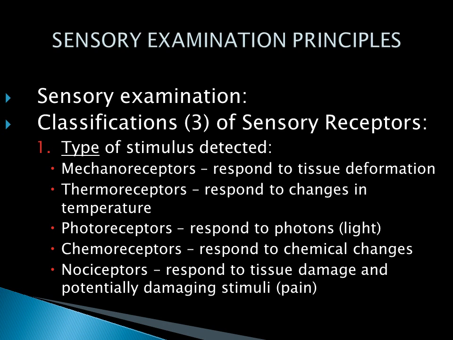However, they respond to changes in temperature, and we call these thermoreceptors, meaning that when these receptors are exposed to hot or even cold, they will respond by firing an action potential, meaning that there's a depolarization of the neuronal cell membrane and the generation of an action potential down the axon of that neuron.